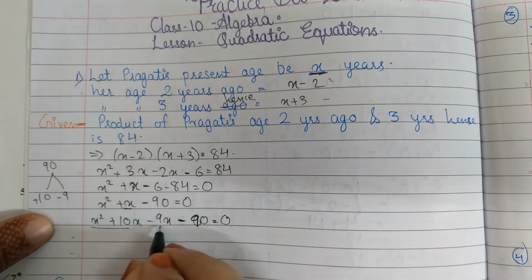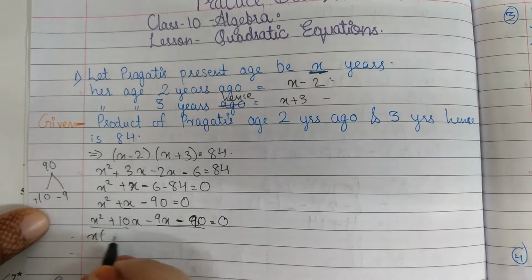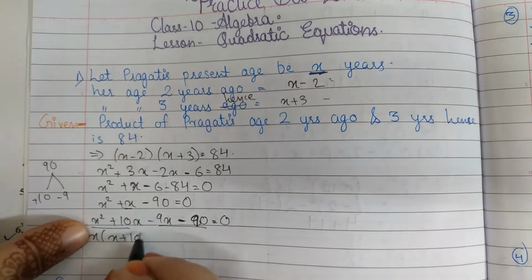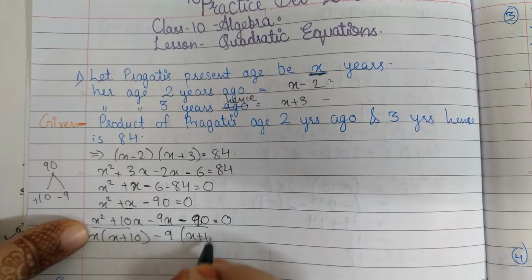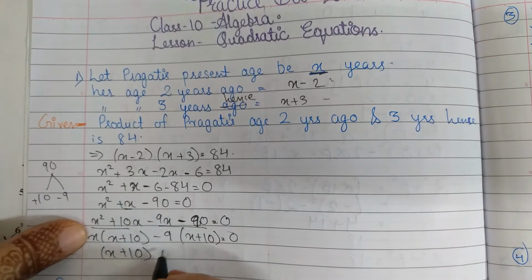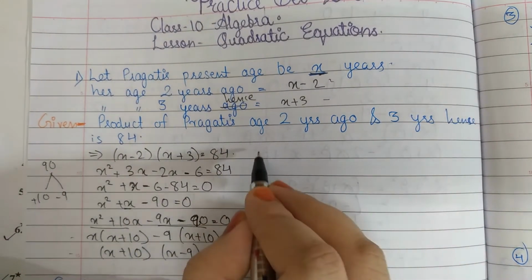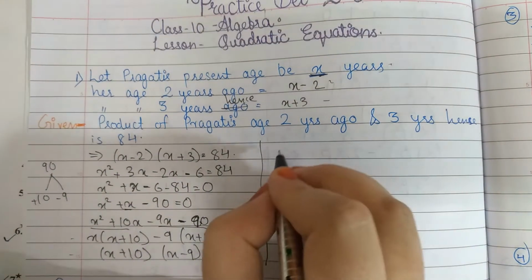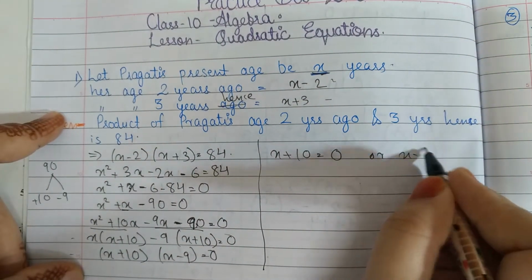Now we will take common from these two sides, so it will be x into bracket x plus 10. From this term minus 9 will be common, then x plus 10 is common bracket. So we write the common bracket one time, and x minus 9 another time. Now x plus 10 equals 0, or x minus 9 equals 0.